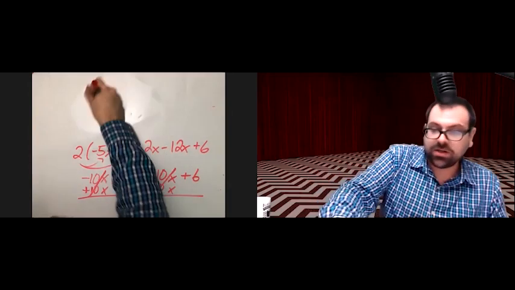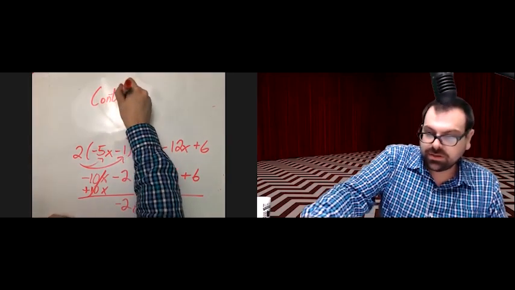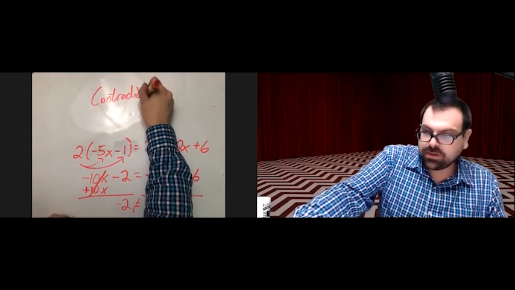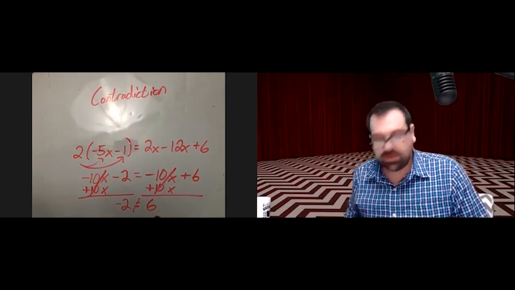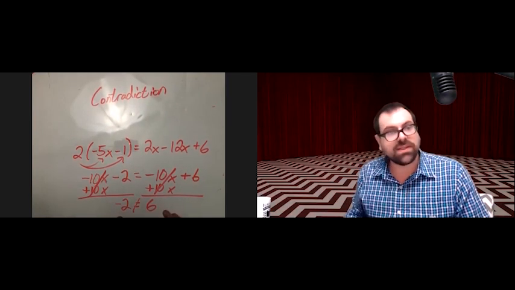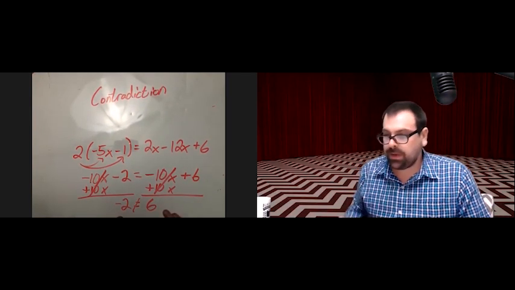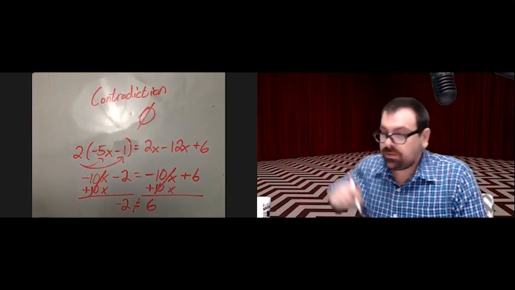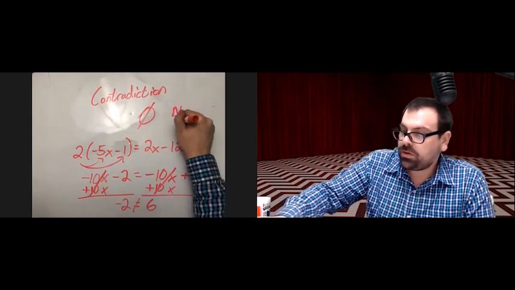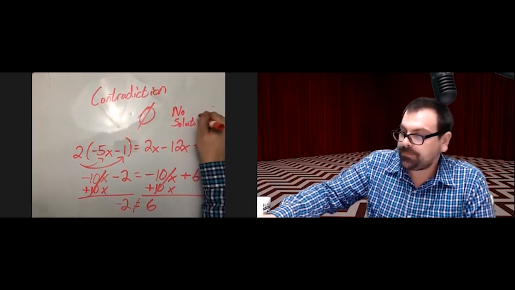This is a contradiction. This means no matter what you plug in, you're never going to get a true statement because -2 does not equal 6. And the answer is the empty set, or no solution.